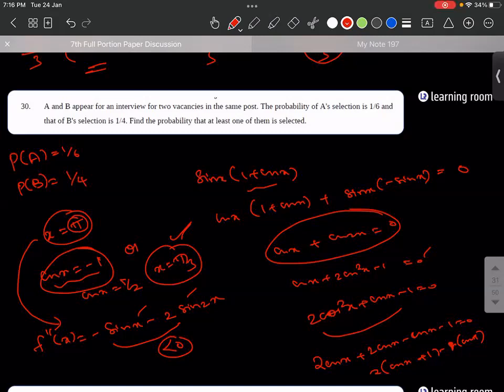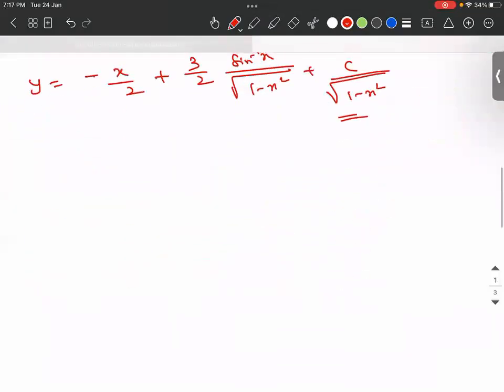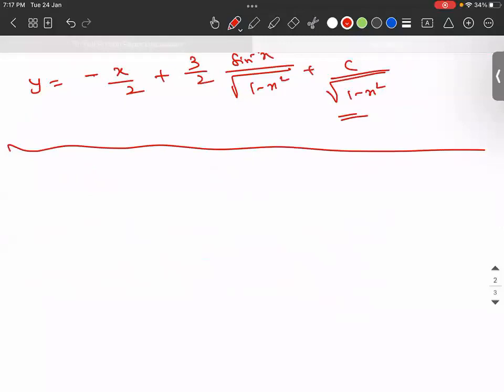When I say at least one, what can happen? Either A can get selected or B can get selected or they both can get selected. Am I right? B can get selected, A shouldn't get selected, right? So I'm writing the mathematical statement first.